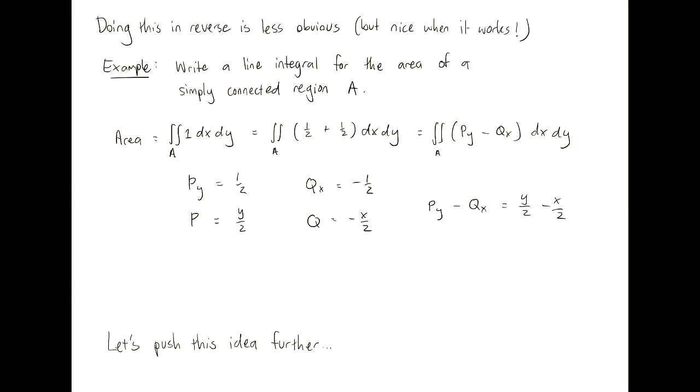Well, it turns out that the area is equal to the integral around the boundary of A, P dx plus Q dy, which is equal to a half integral around the boundary of A of y dx minus x dy.